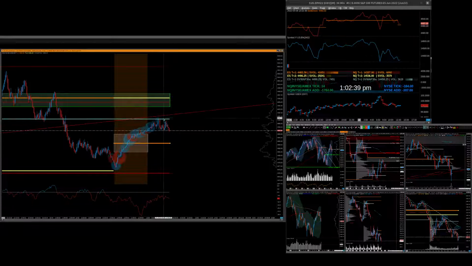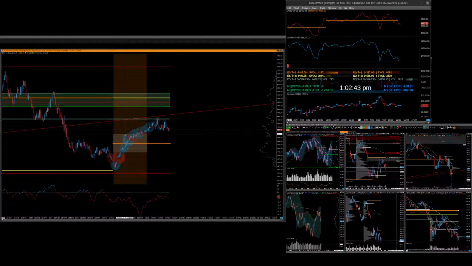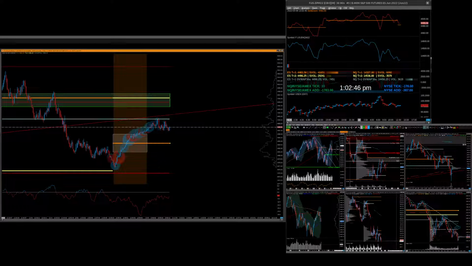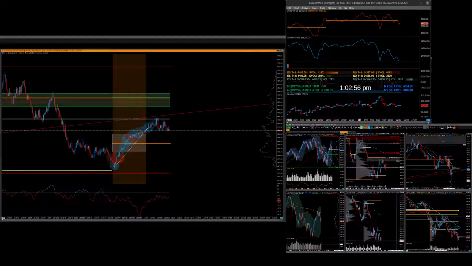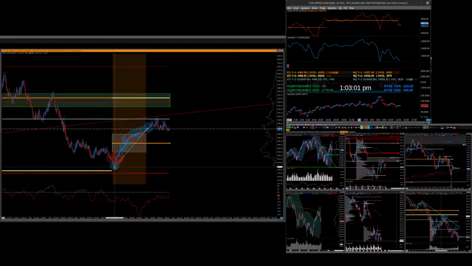But this play works best driving back to settlement when the range of settlement is not so wide like this. That's a wide-ish kind of settlement, where this bar, you can see in the 5-minute bar, goes up 10 points, but the actual settlement period is a 10-point rise in price, right?